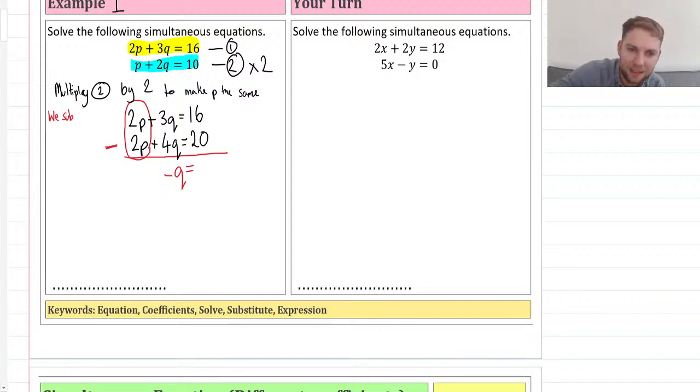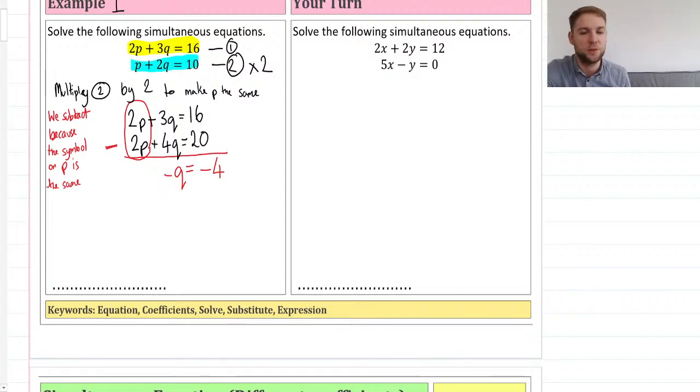We subtract because the symbol on p is the same. So we've subtracted: 2p take away 2p is equal to nothing, 3q take away 4q is equal to minus q, and 16 take away 20 is equal to minus 4.